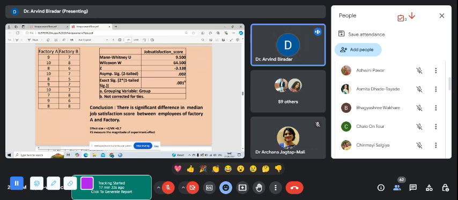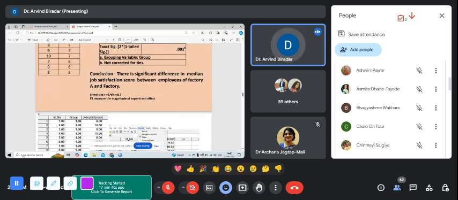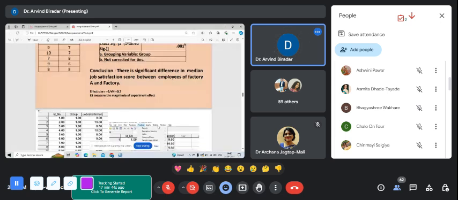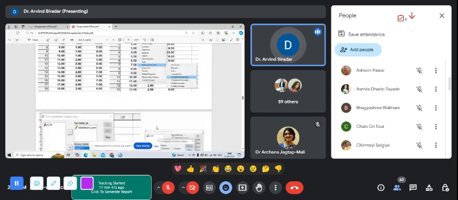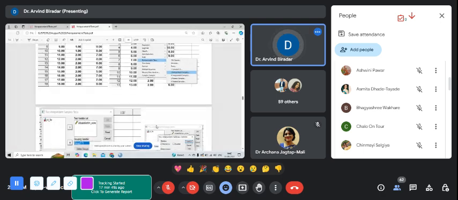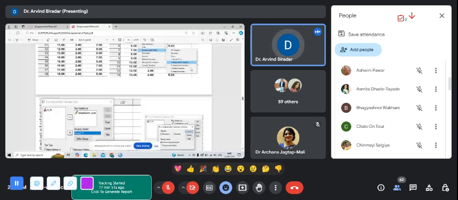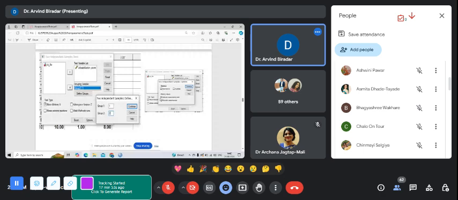So how to do this in SPSS? I put it in a picture. Analyze, non-parametric tests, independent samples. The next step comes as this window. Transfer from the right-hand side to the left-hand side, then define the grouping variables.